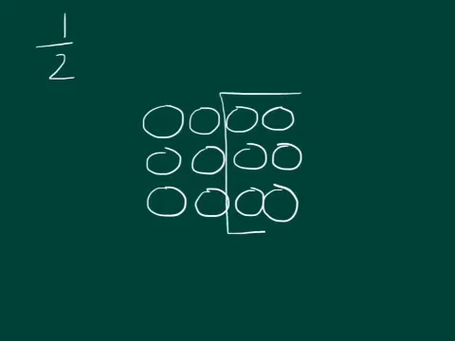6. Now, how did you figure out that answer? Who would like to explain their thinking? How did you figure that out? Yes, and you used to be Mustard and now you are Cookie. How did you figure out that half of 12 is 6?